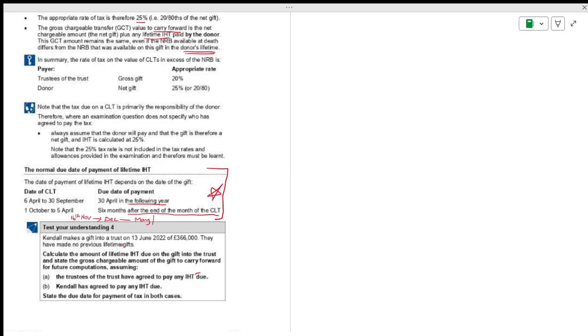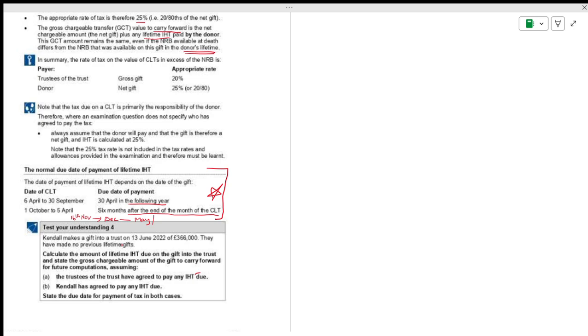State the due dates for payments in both cases. So we consider two conditions there: will the trustees pay the tax and will the donor pay the tax?